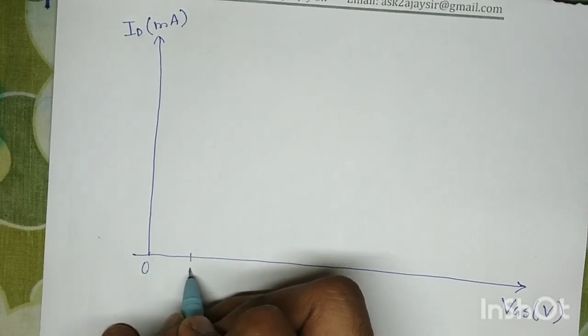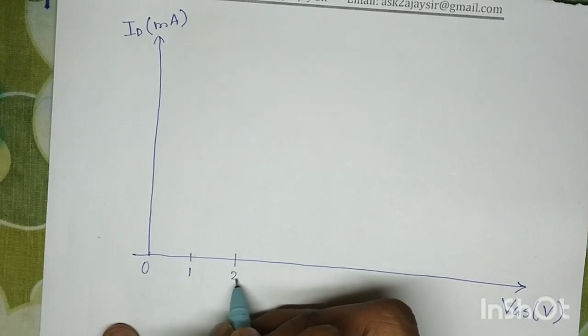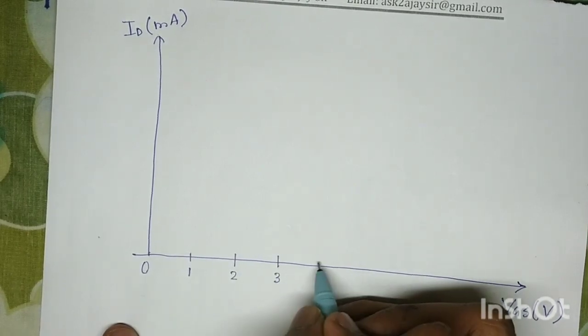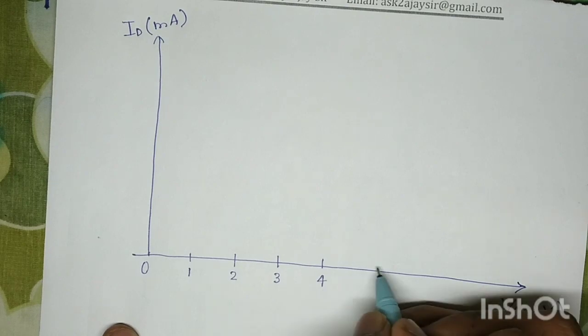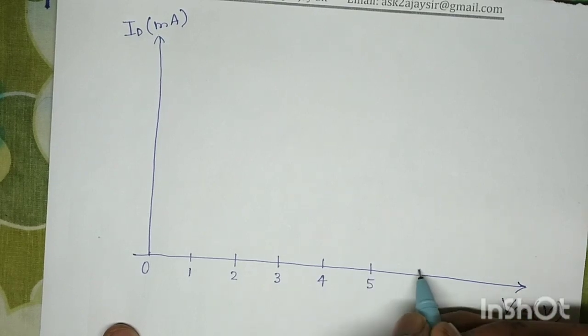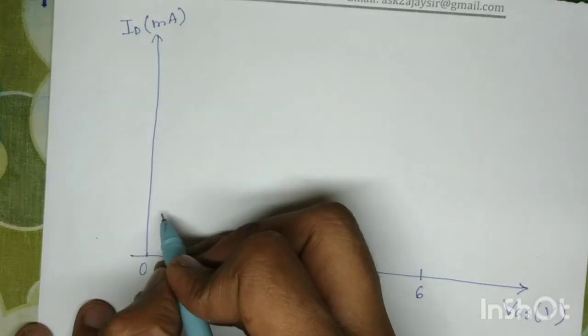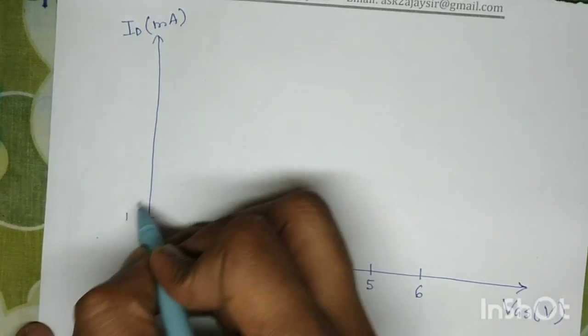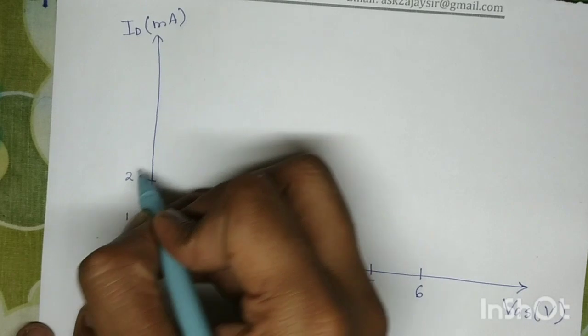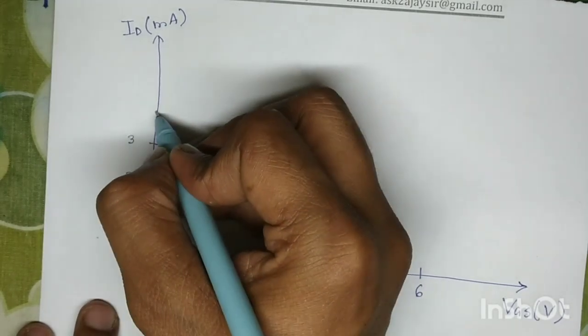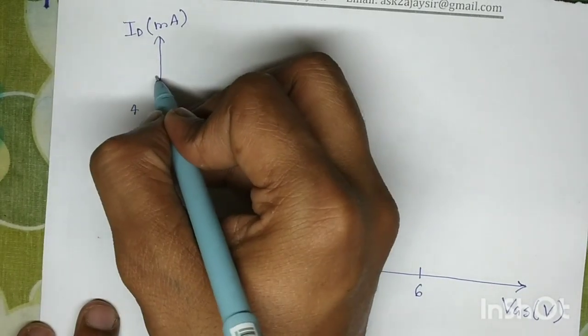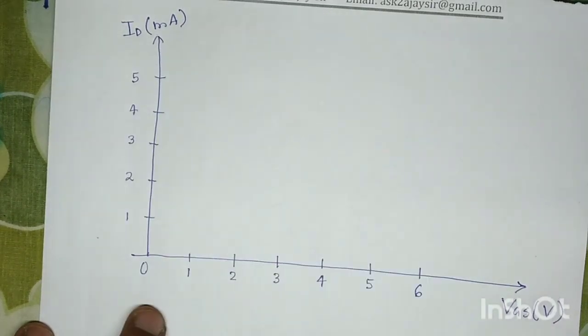Now let's suppose this is 1, this is 2, this is 3, this is 4, this is 5, and this one is 6. On the y-axis, let's suppose it is 1, 2, 3, 4 and 5.